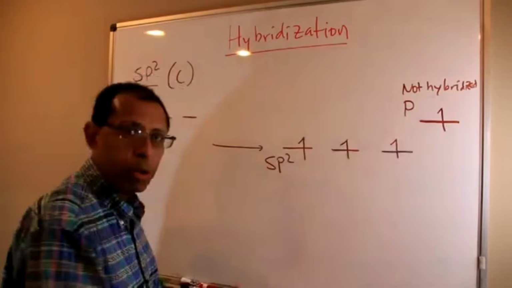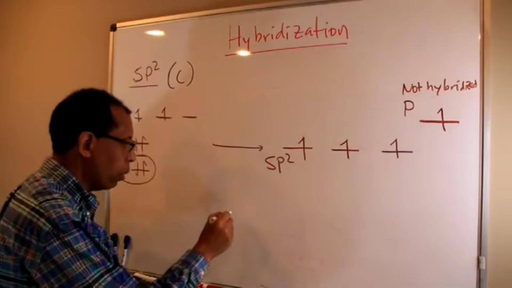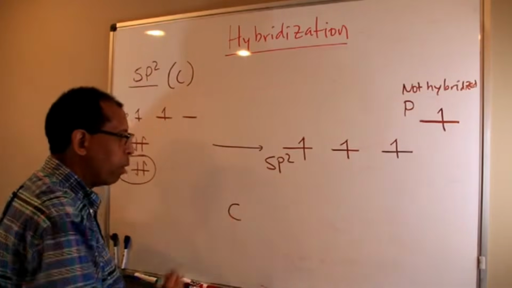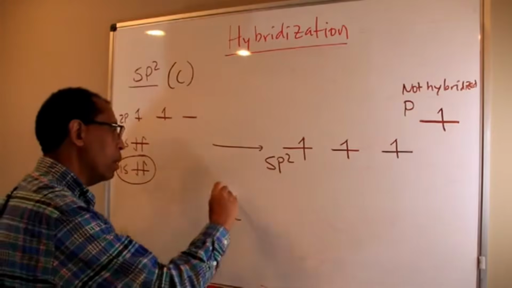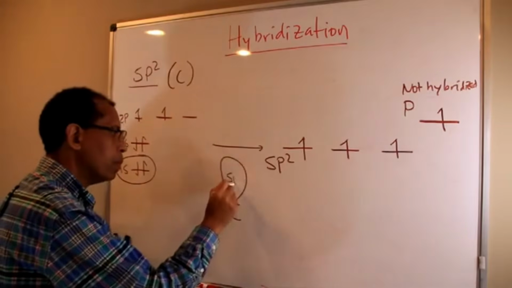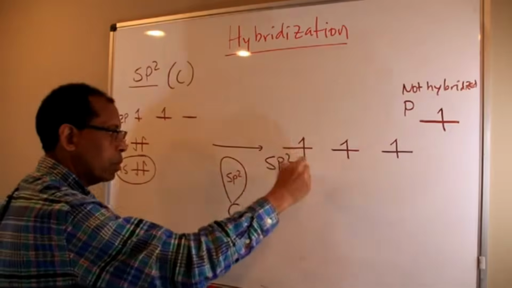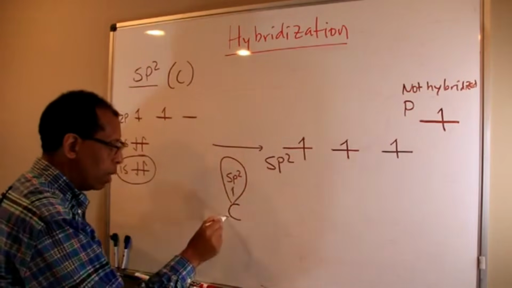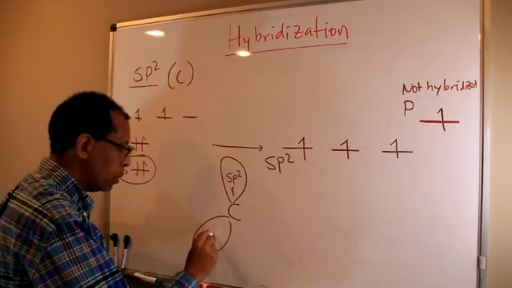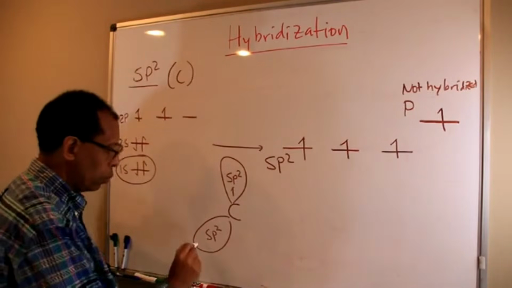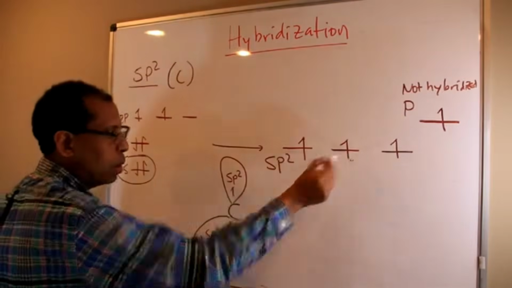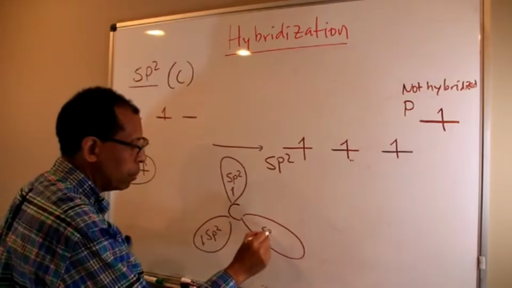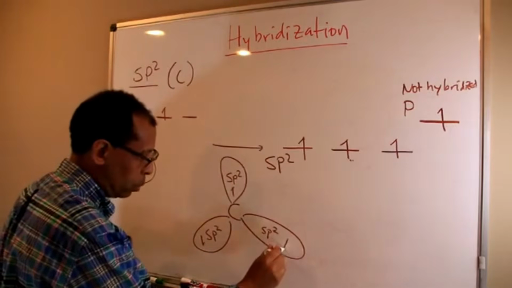If we were to draw this, the sp2 orbital configuration would be one of the sp2s with 1 electron, another sp2 with 1 electron, and another sp2 with 1 electron.